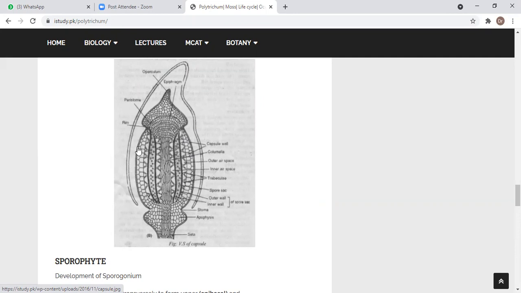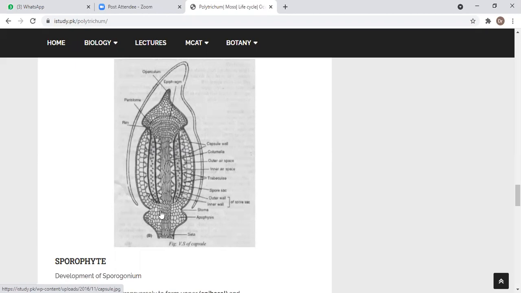The theca region is most important in the capsule because in this region you can see the presence of two sac-like or bag-like structures. These are called archisporial sacs or spore sacs, in which the archisporial mother cells are present.